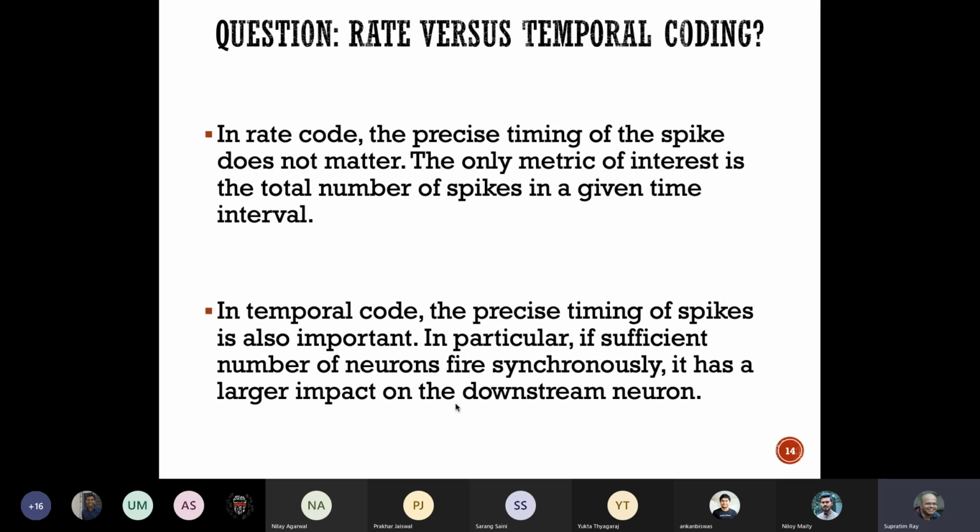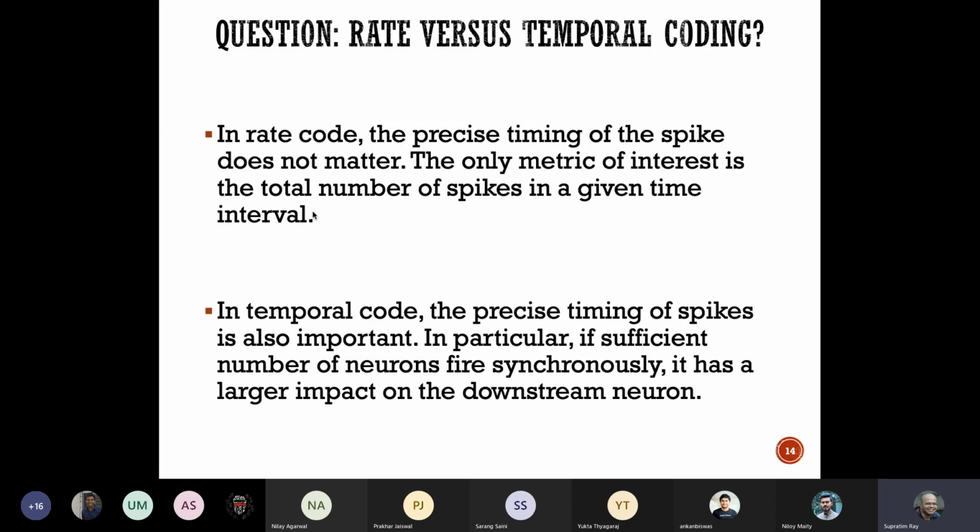But also, if a bunch of neurons start firing together in synchrony, then their neurotransmitter release is also going to be synchronous, and it will be easier for a neuron in V2 to respond to this synchronous firing. So the temporal coding scheme has its advantages. Maybe you can synchronize the firing and then convey the information to V2, versus the rate coding scheme where you are just increasing the firing rate.